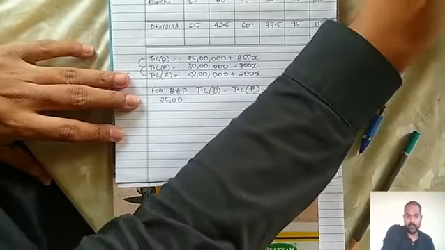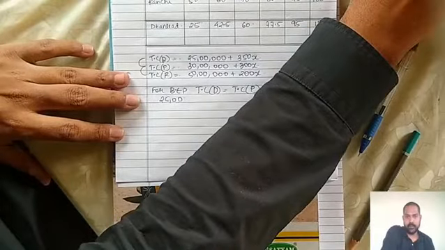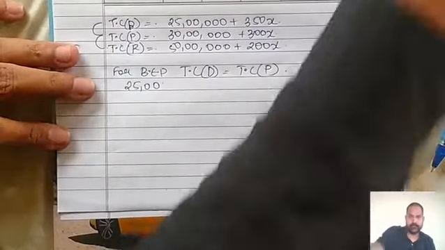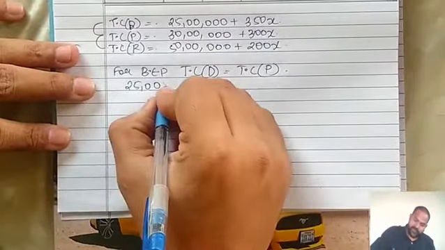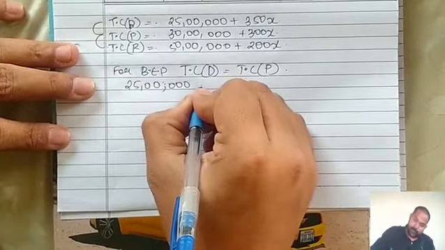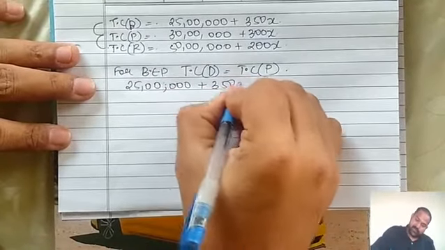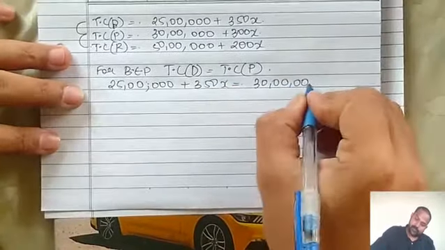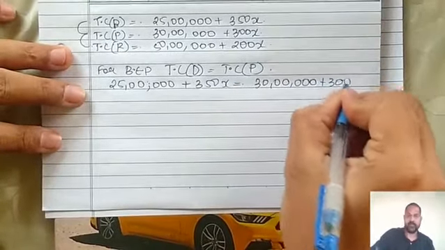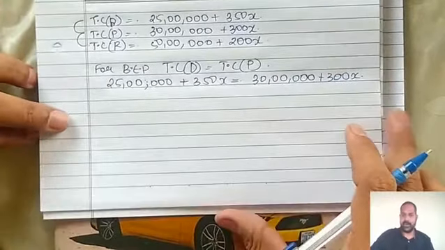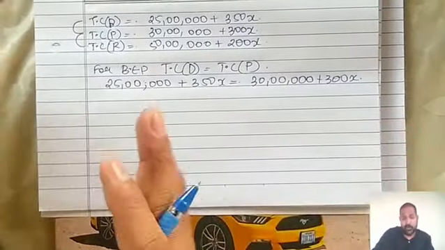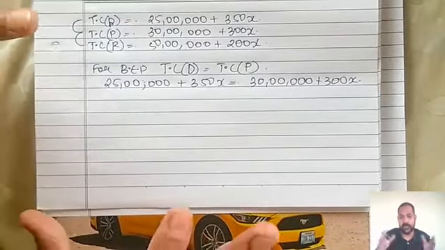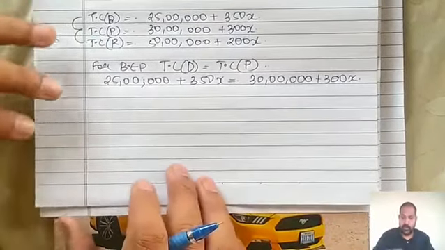Let me do a thing, let me zoom in a little. 25 lakh plus 350x is equal to 30 lakh plus 300x. Correct? Now I am doing a few steps directly because I want to fit all three break-evens on the same page. I don't want to sit and turn pages later. So I am doing this directly.